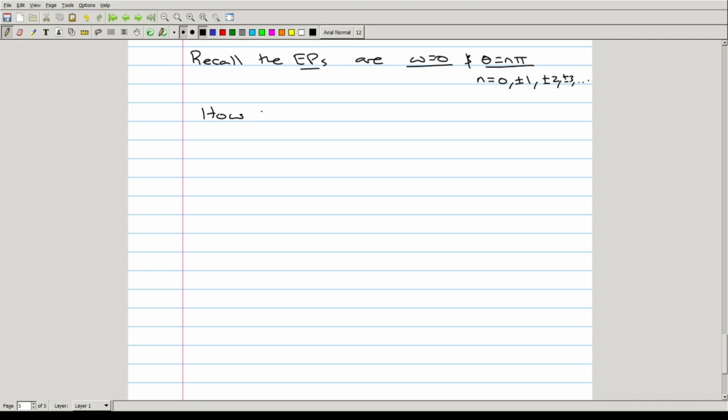And we want to figure out how to choose a Lyapunov function. For physical systems, we're going to try and use the total energy to determine the Lyapunov function.